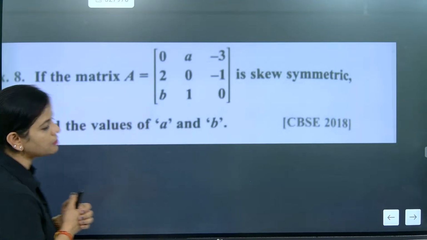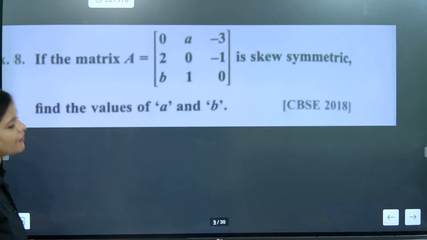Come on, go and solve this question. What is the value of A and B?